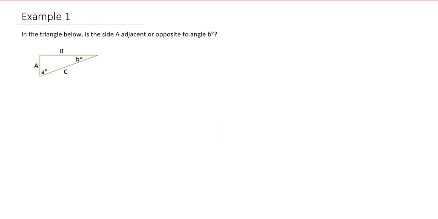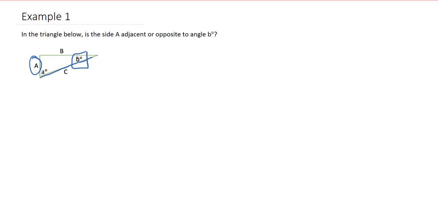Example 1: in the triangle below, is the side A adjacent or opposite to angle B? Let's think about this. We're looking at side A, and we're looking at angle B. Notice that this triangle is presented differently; the hypotenuse is right here.